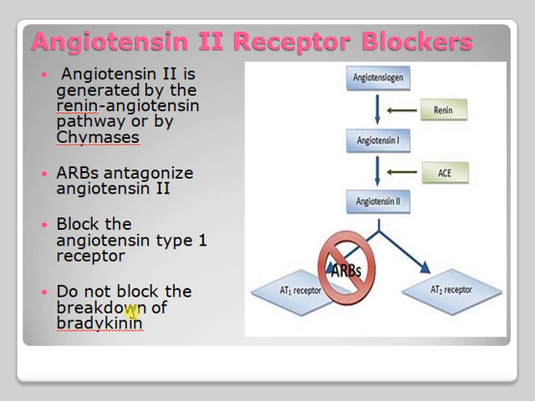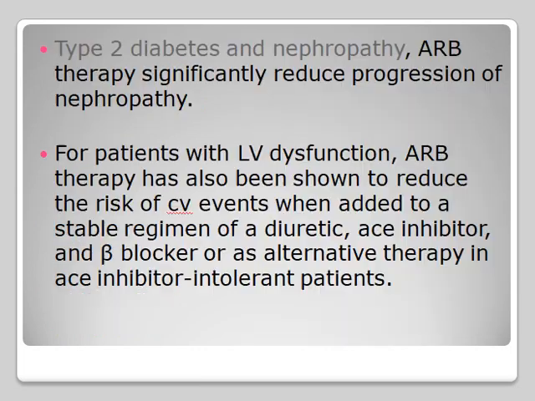If dry cough is severely associated with angiotensin converting enzyme inhibitors, we can shift to angiotensin 2 receptor blockers. Those patients who are intolerant to ACE inhibitors, we can shift to ARBs also. These show significant improvement in type 2 diabetes patients with nephropathy.